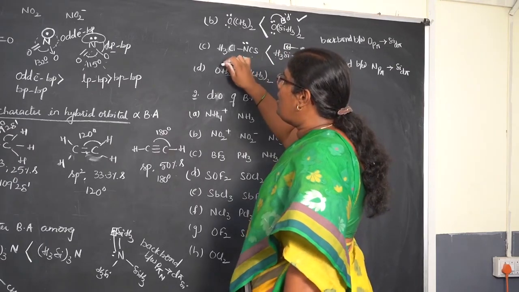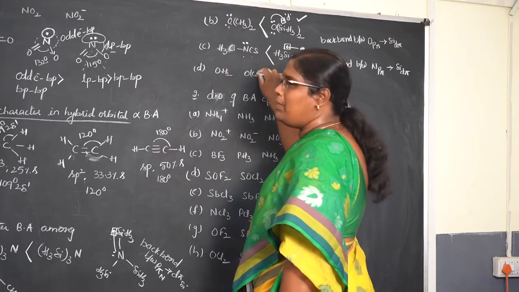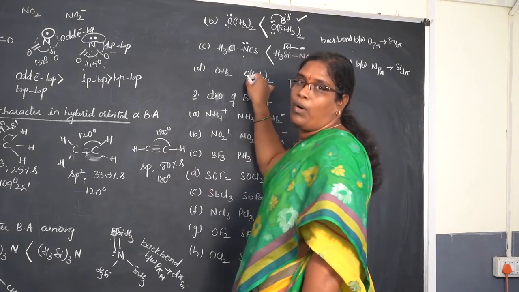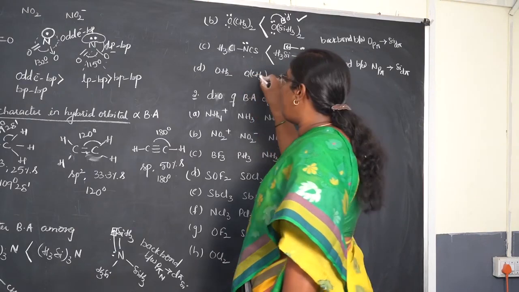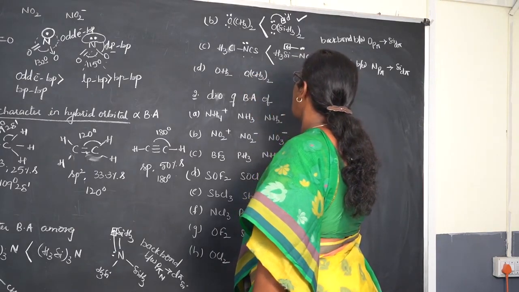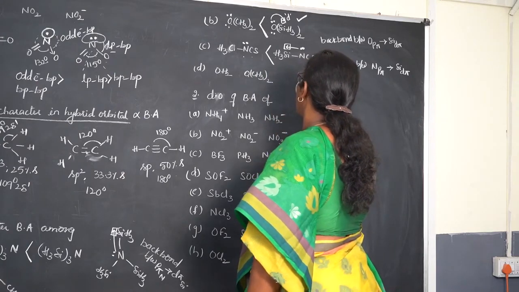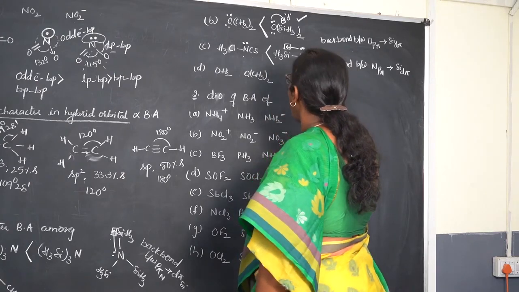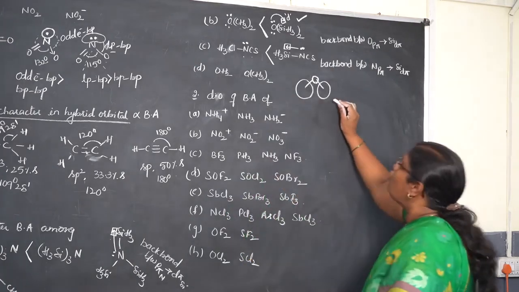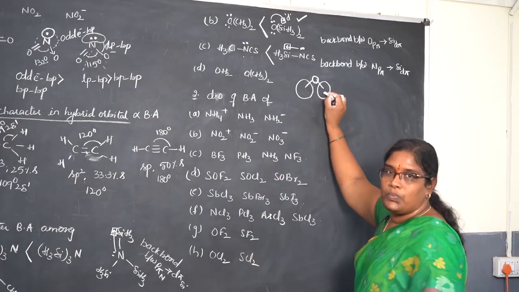And the next one, water, dimethyl ether. In both of them there is no scope of back bond. But which will have more bond angle? That is dimethyl ether, because of steric repulsions. Around oxygen, which is the smaller atom, we have 2 bulky methyl groups.